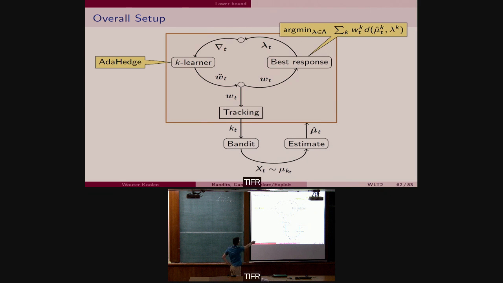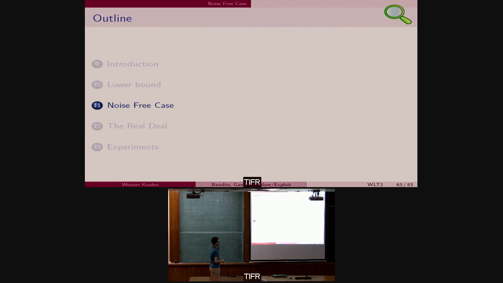So that learner will output a W tilde for us. So we have to map those desired regret proportions to desired pool allocations. So that's new. Tracking, sampling, estimate. And this is the same as before.